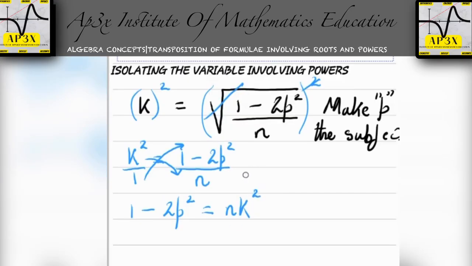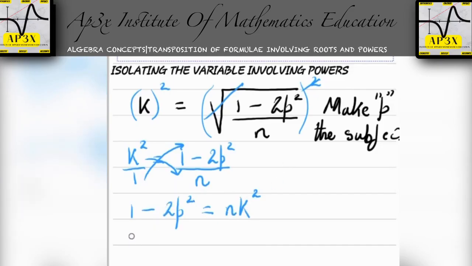Then obviously now I need to try to get rid of the 1 here. Now the thing is, I really do not like leaving my subject negative. We had an elaborate discussion in my equation solving fractional equations video where we spoke highly of why we should not leave our subject negative. So in this case, as opposed to transposing the 1 and leaving my subject negative, I'm going to just transpose the nk squared to the left and then transpose the negative 2p squared to the right.